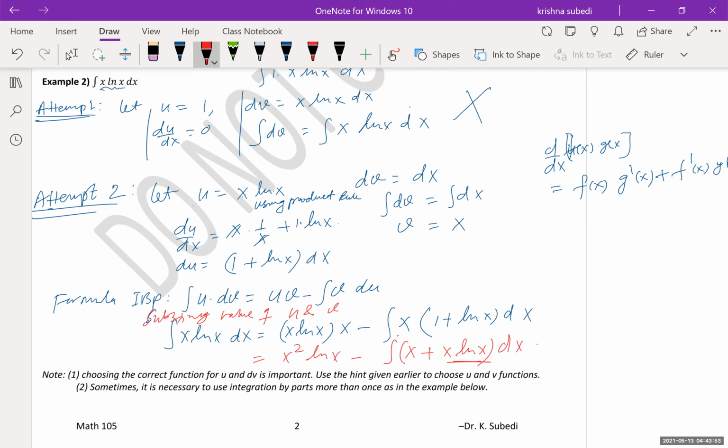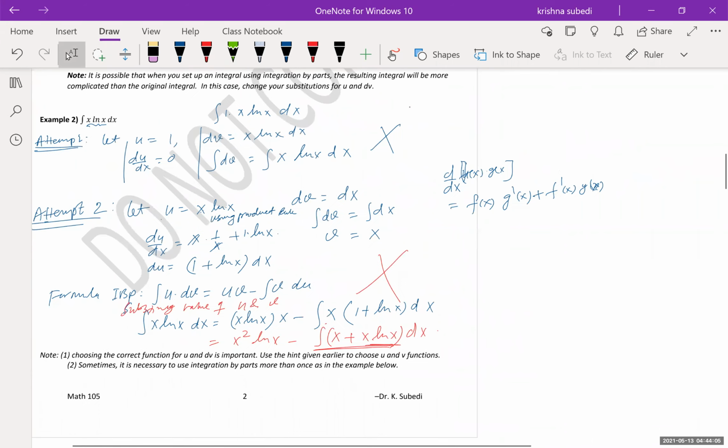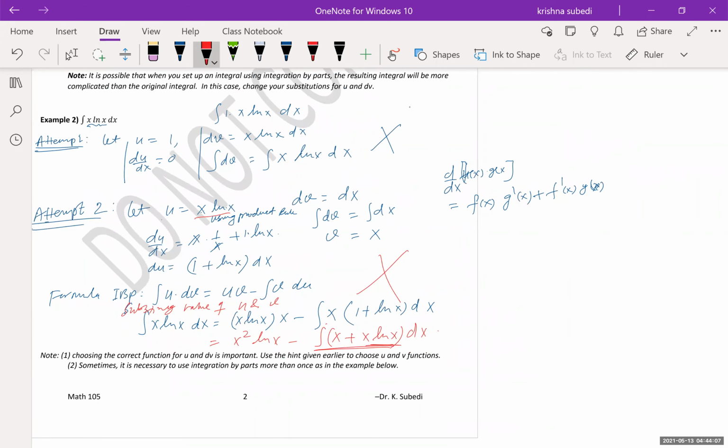We wanted to simplify it. And we notice that it's not getting simplified. So this choice is also wrong. So this method doesn't work. So the choice of u equals x ln x is not going to work. Now let's try another way. Attempt 3.